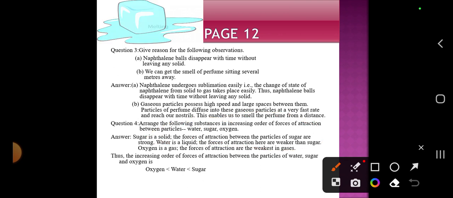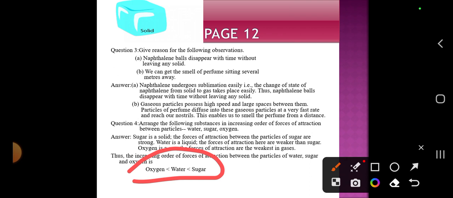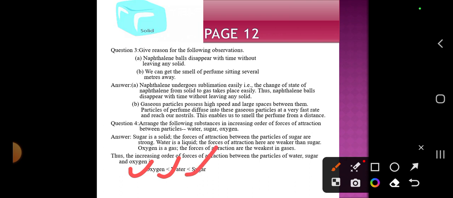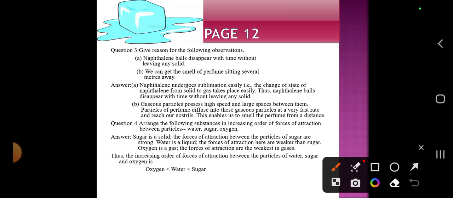And oxygen is a gas; the force of attraction is the weakest in gases. So in increasing order of force of attraction: oxygen, water and sugar. Compared to oxygen, water has a higher attraction, and compared to water, sugar, the solid substance, has the higher force of attraction.